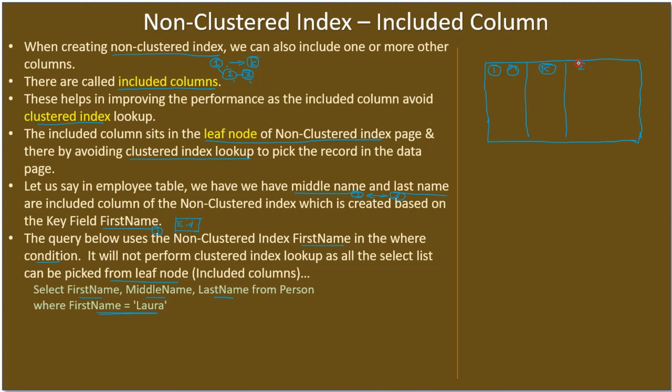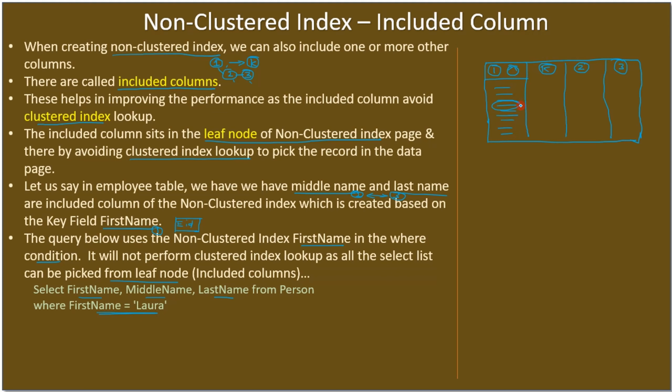Then we have included columns 2 and 3 as part of the leaf node. So when we are searching for the first name, since it's a sorted list, using the data structure traversal it will find a specific entry. Since it is sorted and proper data structure traversal is available, it will find the first name with a mapping Lara.